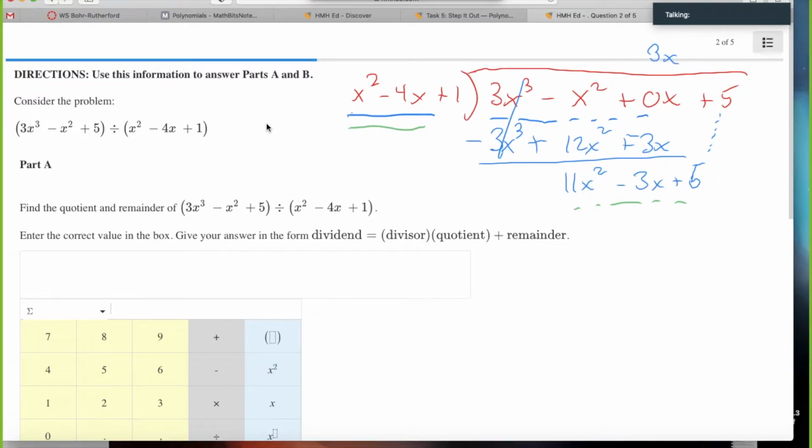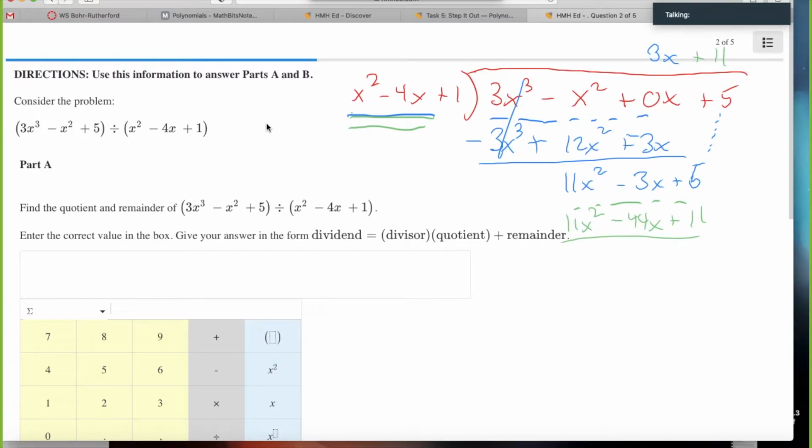So that is going to be 11. So we're going to put plus 11 up here. So 11 times this polynomial. We're going to put that down here. So 11 times x squared, 11x squared. 11 times -4x, -44x. 11 times 1 is 11.